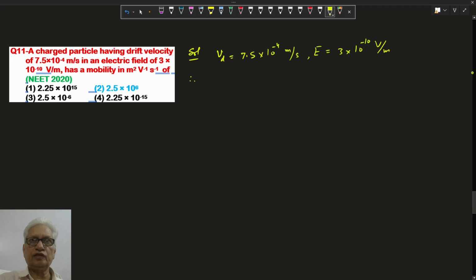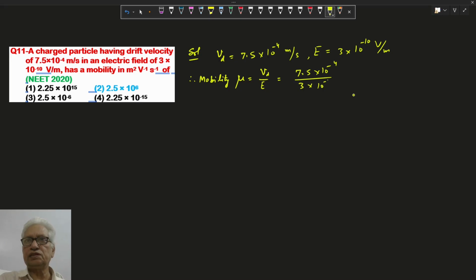We know the formula of mobility mu is given as drift velocity divided by electrical field E. The drift velocity is 1 into 10 power 10, then 5 goes up, it will be 10 power 6. The option.